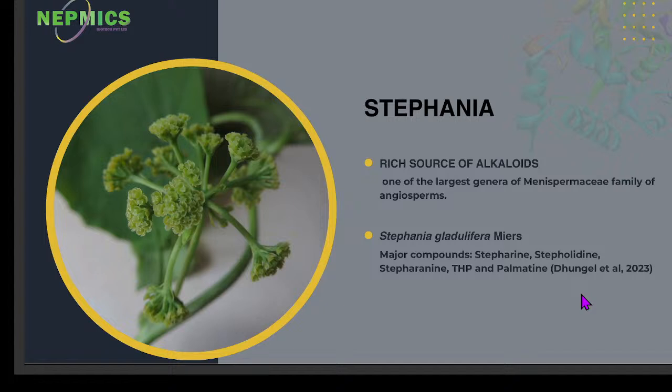Let's talk about the species of Stephania. There are different species. Among them, in our study, we used Stephania glandulifera. Apart from glandulifera, there are other species that are prevalent in this region: Stephania glabra and Stephania gracilenta.